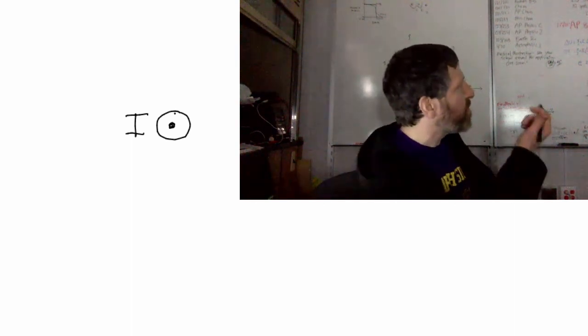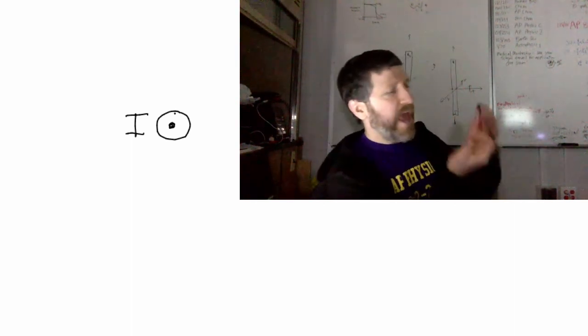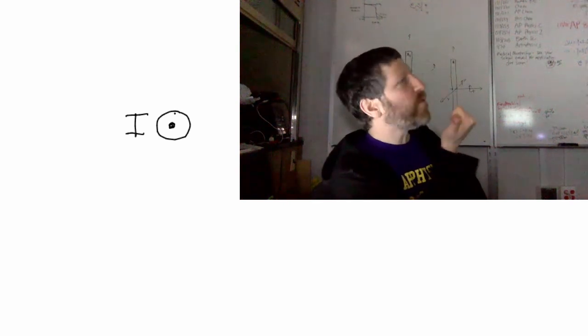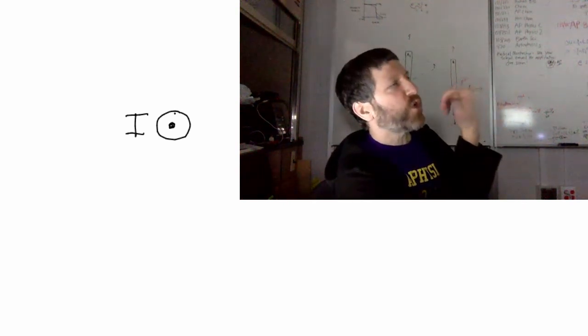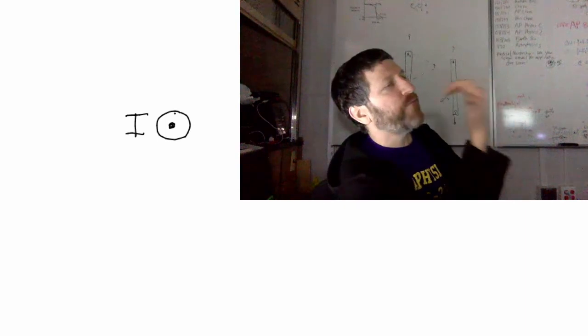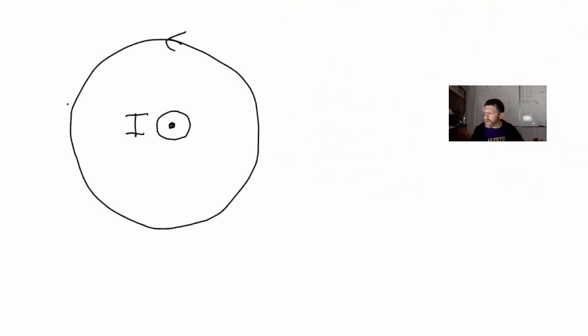Current going this way, thumb goes in the direction of current, fingers curl like the magnetic field, so it is counterclockwise. This is the magnetic field right there. And the magnetic field strength here, at a distance r away from that wire, is pointing up, and it's B equals mu naught I over 2 pi r.